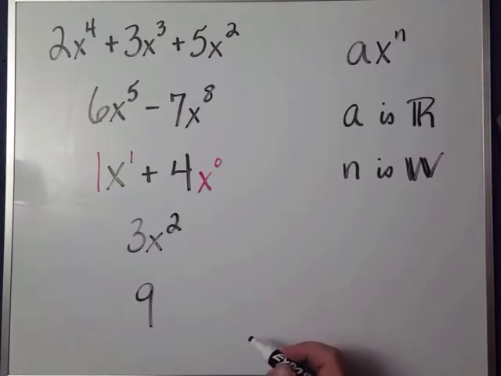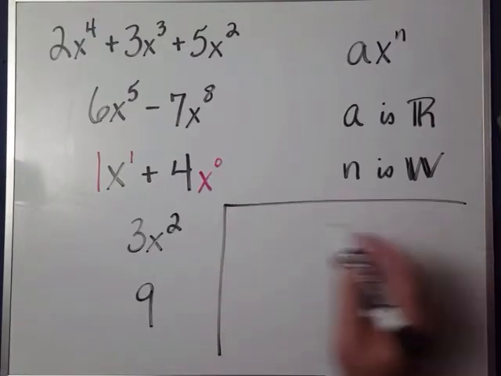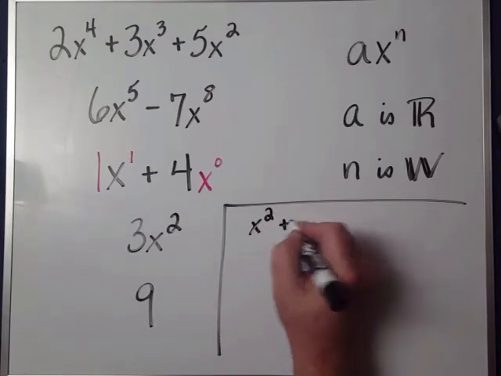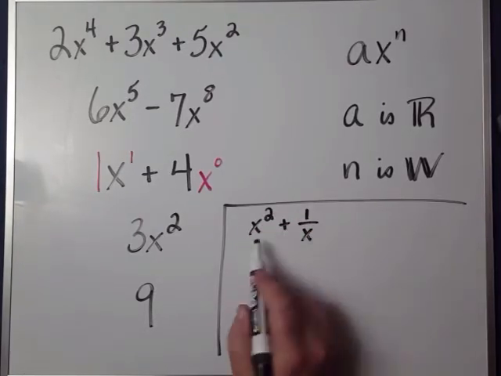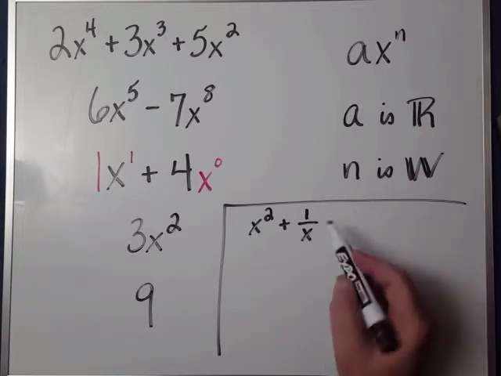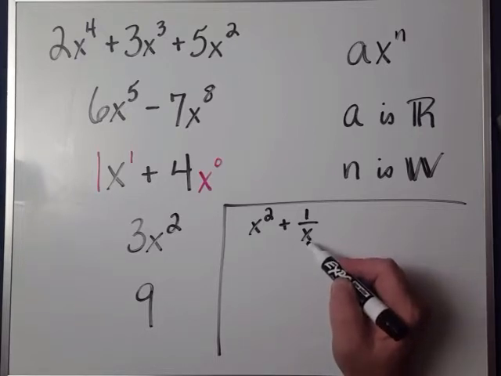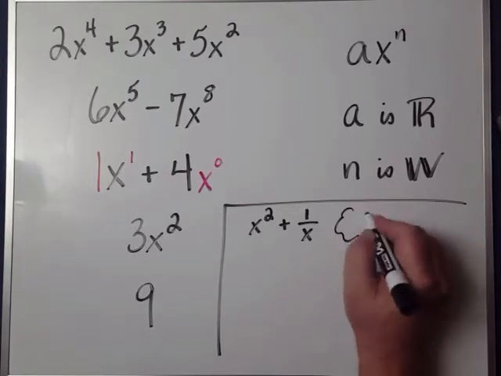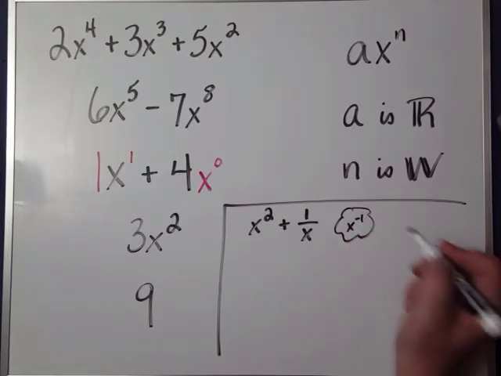What would not be a polynomial? Something like x squared plus 1 over x. The first term works, but this last term cannot be made to look like ax to the n, where a is real and n is whole. The coefficient is 1, but what's the power on that x? If I bring it to the numerator, isn't that a 1x to the negative 1?